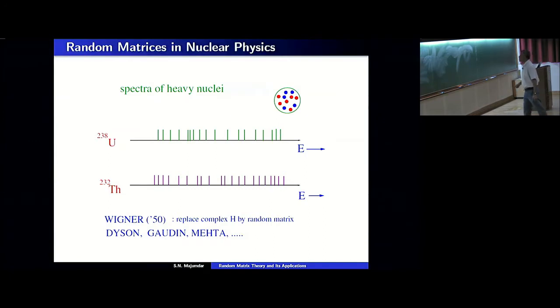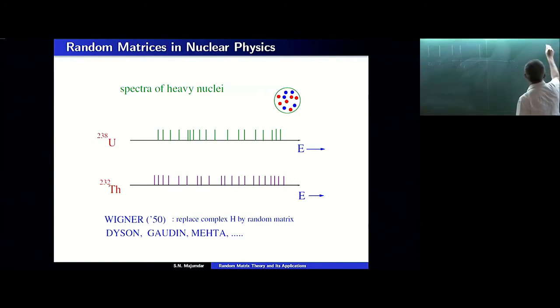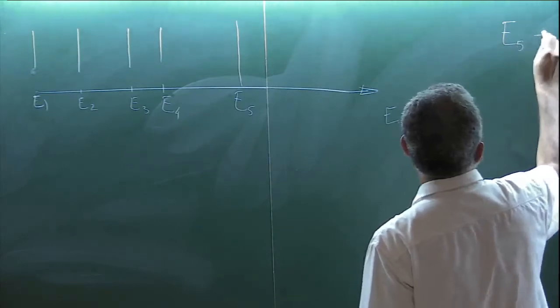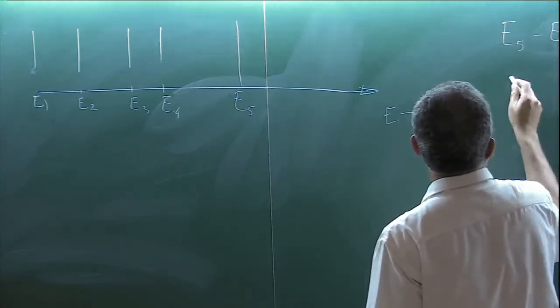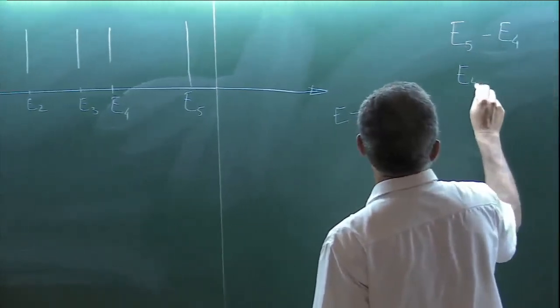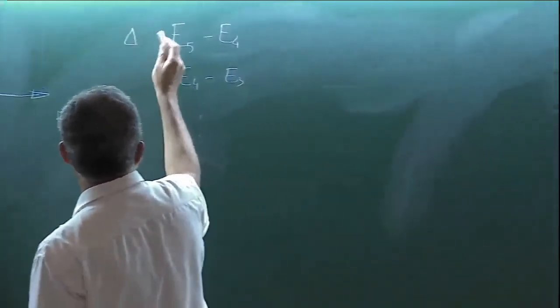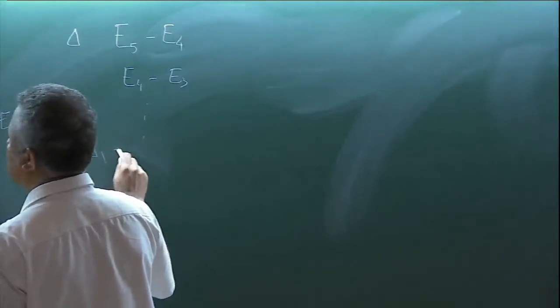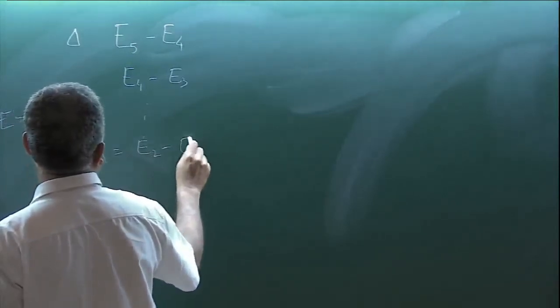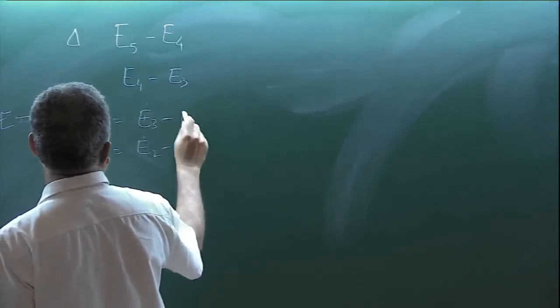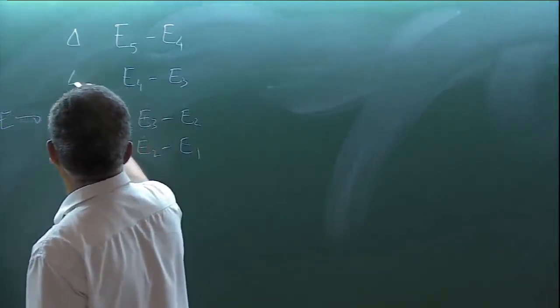So you just look at E5 minus E4, and then E4 minus E3, all these spacings. Let's call them delta. So delta 1 is E2 minus E1, delta 2 is E3 minus E2, etc.